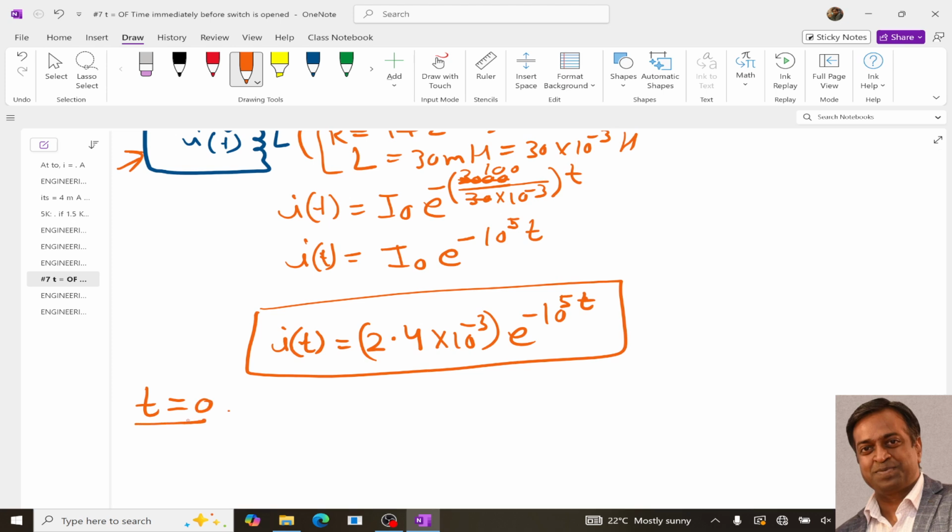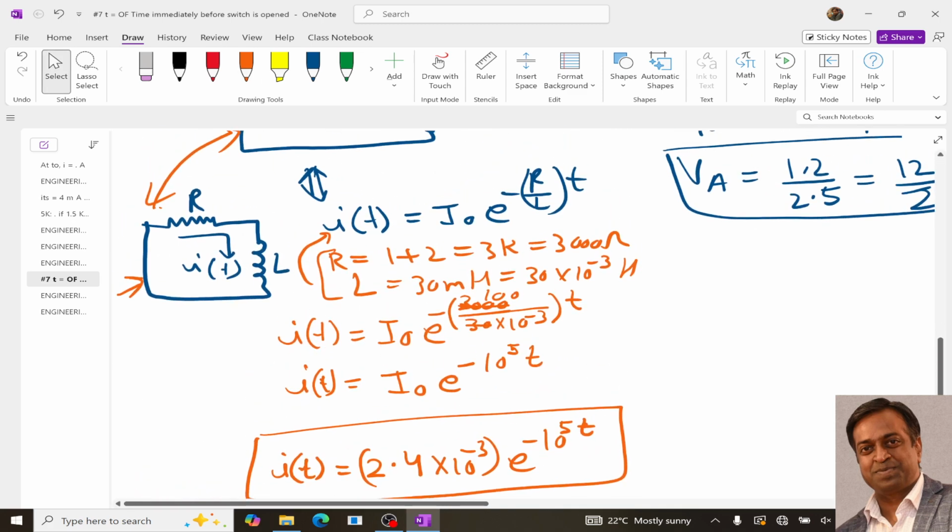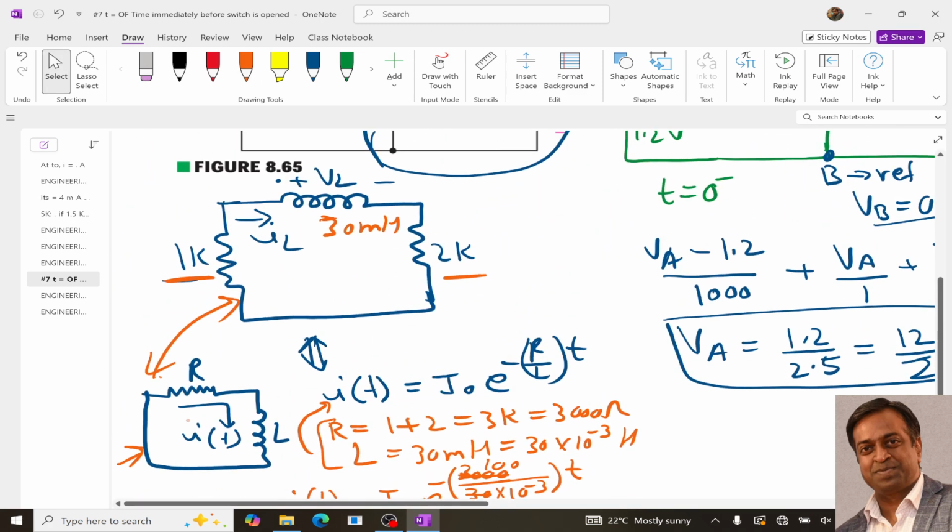So the current IL will remain 2.4 into 10 power minus 3 at 0 plus, or simply 2.4 milliampere.